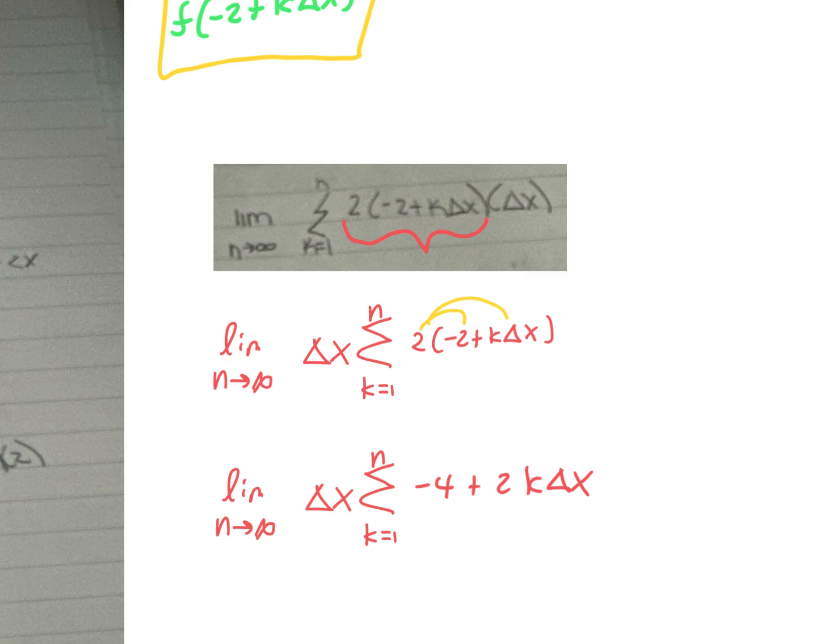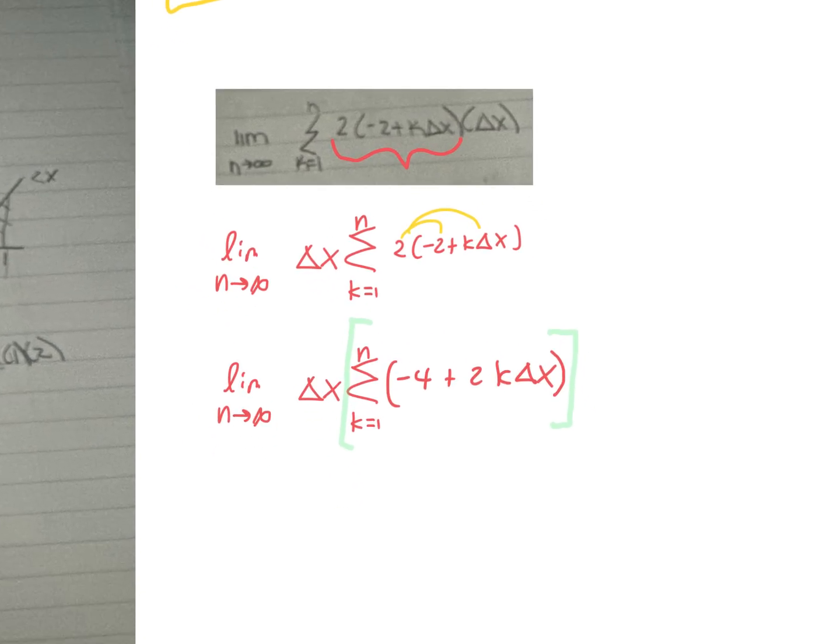We know that it's ultimately this delta x times this whole thing, right? Maybe it would be better if I wrapped parentheses around this to communicate that we're doing the summation of this entire quantity. So it's going to be delta x times whatever that result is.